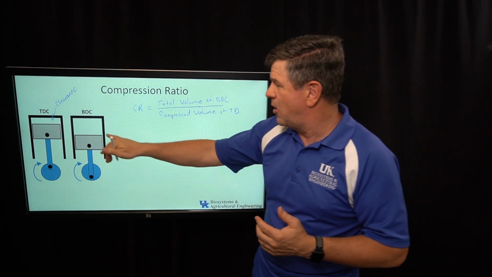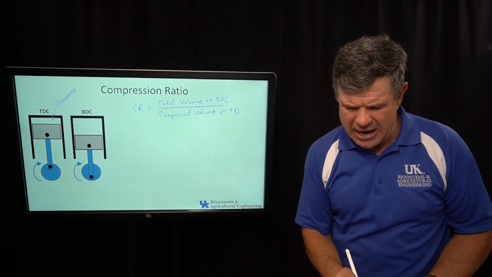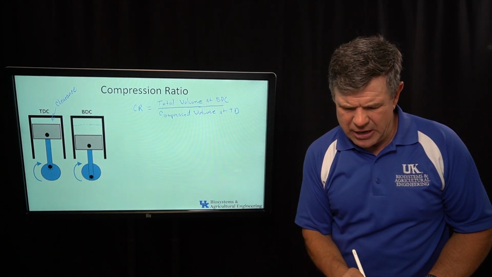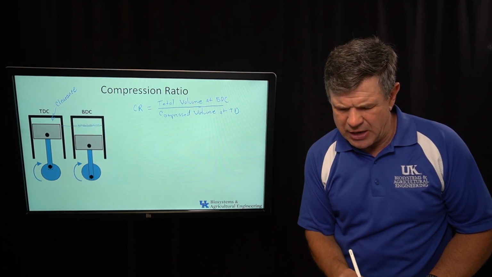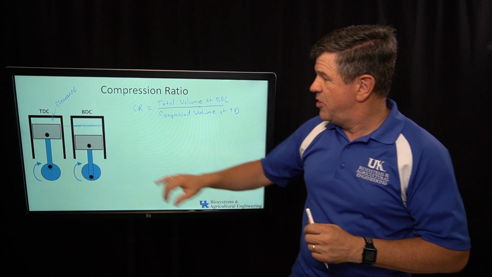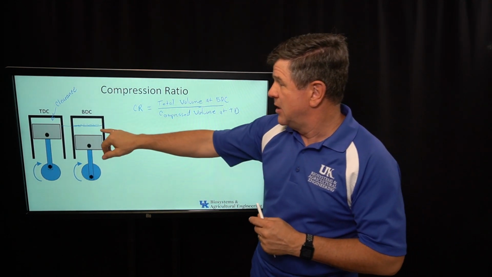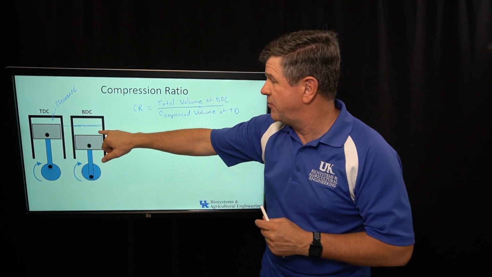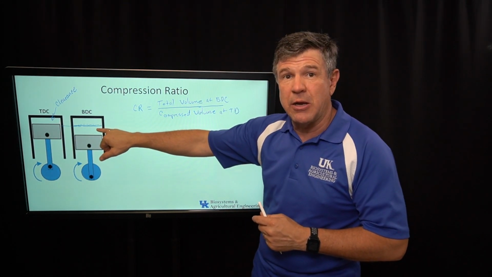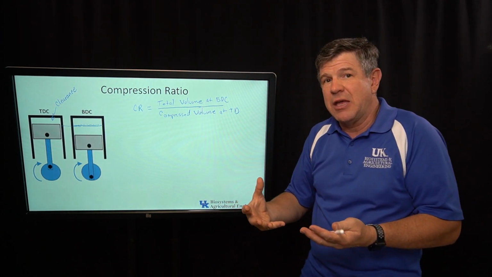Now let's think about that total volume on this side, because there's really two components to that. So I'm going to draw this line across there that I did before when we looked at the displacement of the engine. And this total volume is really comprised of two different things. It's comprised of that clearance volume, which is the same as we had on the left, and this volume down here we talked about before, that is my displacement of the engine.